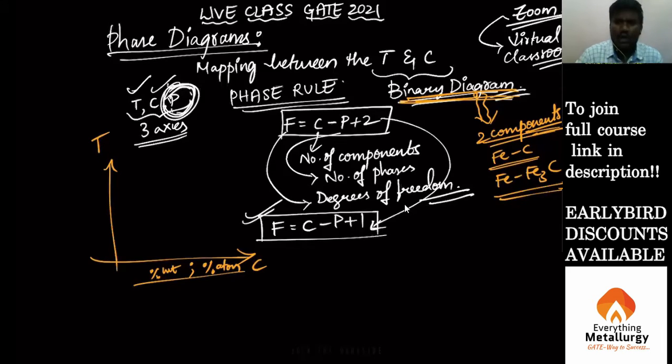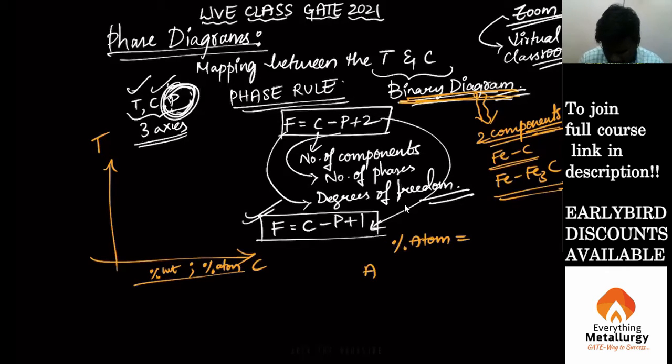Everyone knows how to calculate the weight percentage: the weight of some component divided by the total weight. Now, what is the atom percentage? From the weight percentage, we can easily calculate the atom percentage.